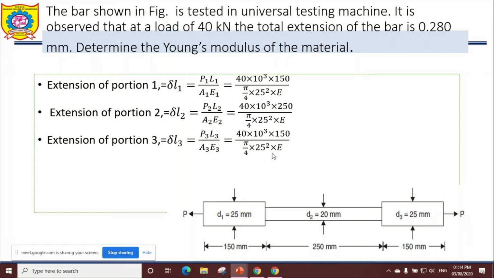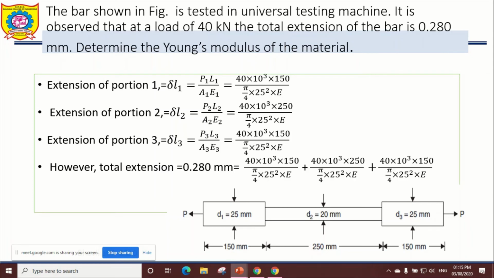Load is same in all 3 parts. Length is 150. Area is pi by 4, 25 square, and E. When we add all 3 extensions, the addition is equal to 0.280 millimeter, as given in the numerical. By solving that, we have to find out the value of E.